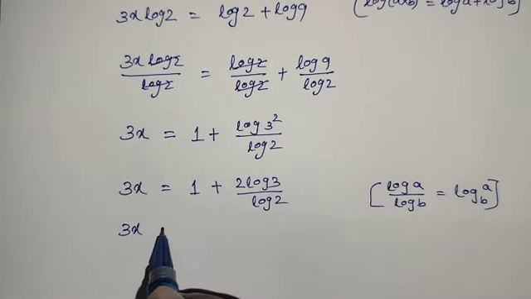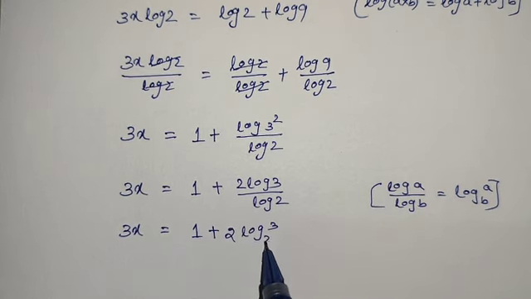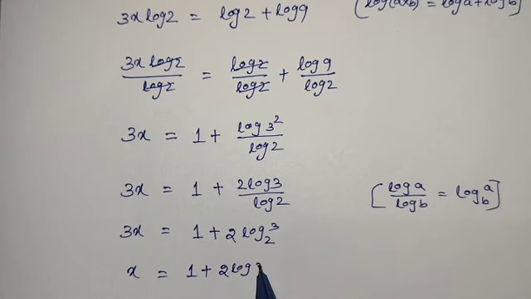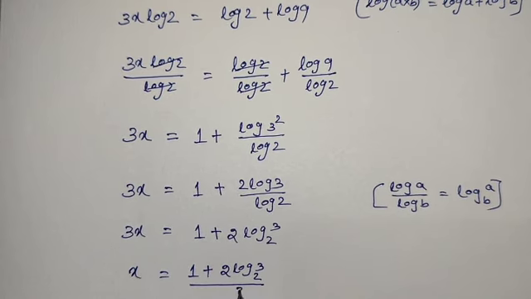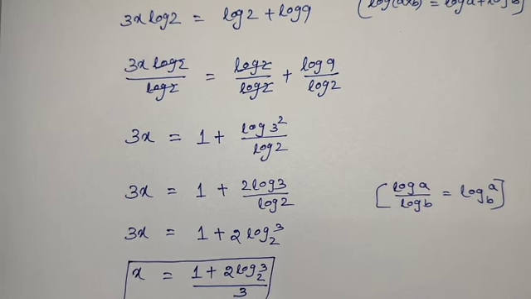Then 3x is equal to 1 plus 2 log 3 base 2. x is equal to, we divide by 3 on both sides, then 1 plus 2 log 3 base 2 divided by 3. This is the value of x.